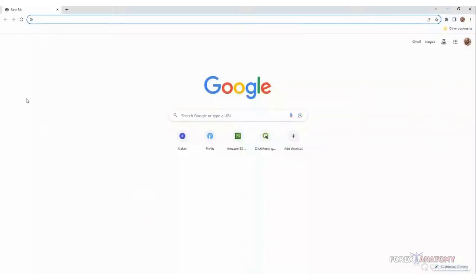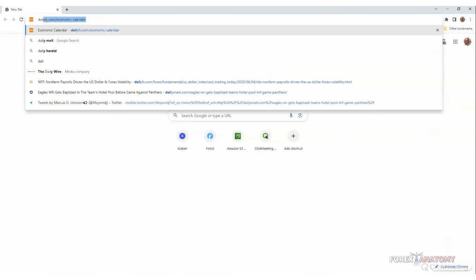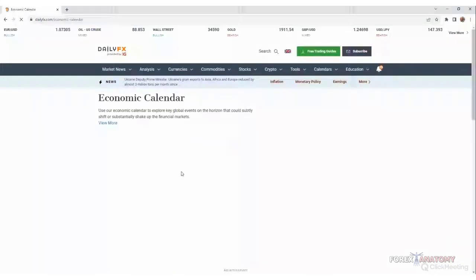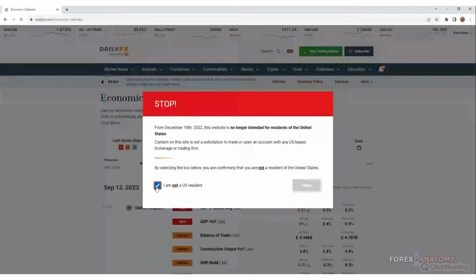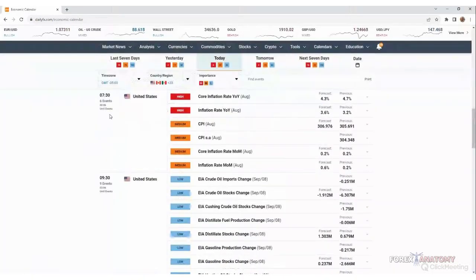Okay, so we're here at this web browser. What I'm going to do is go to one of the economic calendars, Daily FX. We're going to look at their calendar to go over today's CPI print, because investors are sitting on the sidelines waiting for these prints to come out. So for today, we have the inflation rate and core inflation rate.